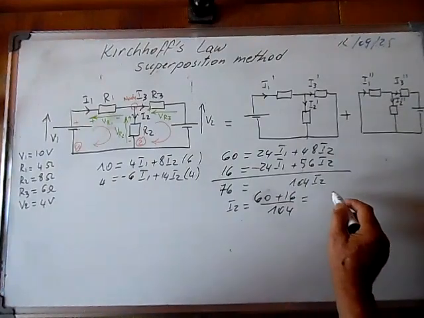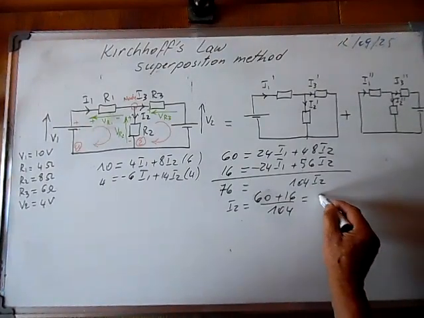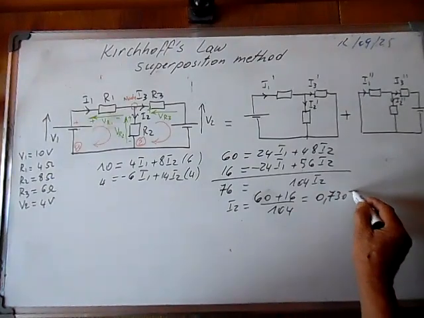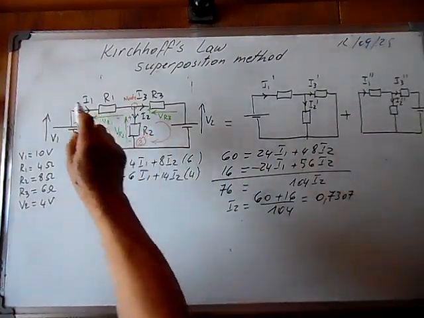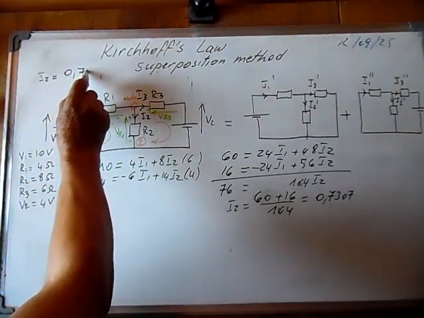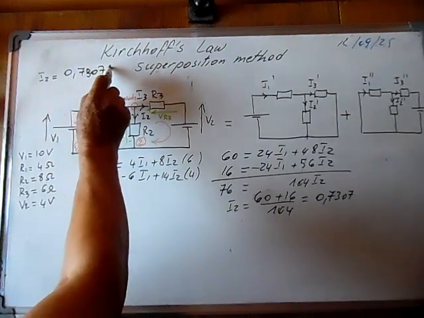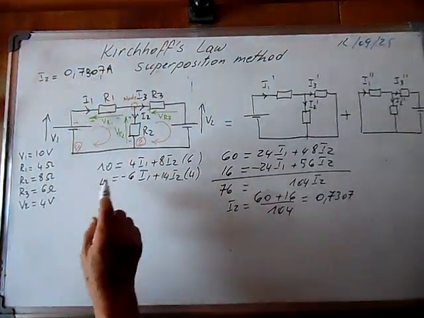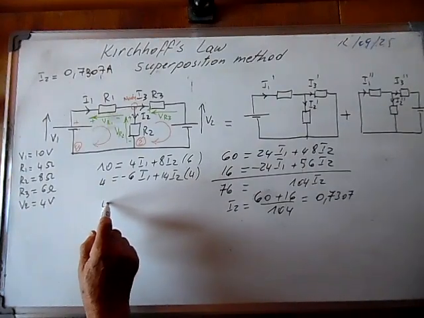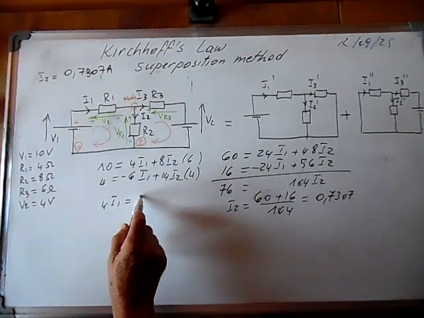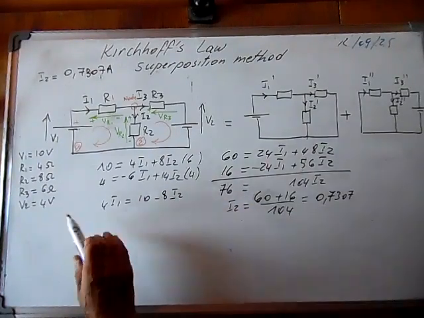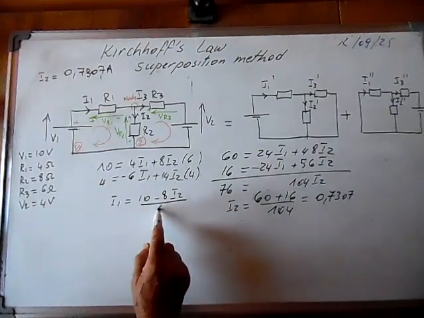It means it's equal to 0.7307. So this current I2, I will write it here, is equal to 0.7307 amps. From here we can introduce it to one of these equations. This means that 4I1 is equal to 10 minus 8I2 over 4.